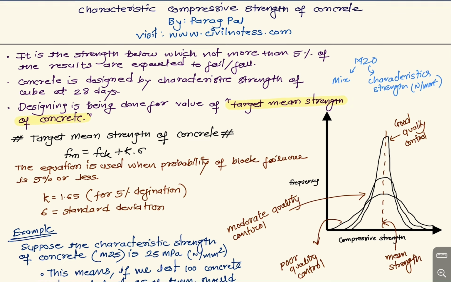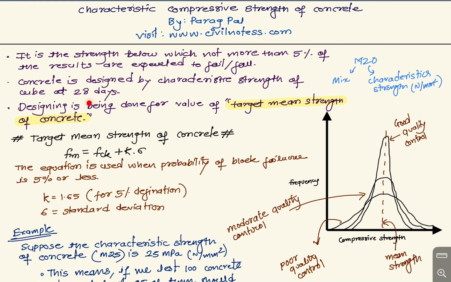Compressive strength of concrete is a strength below which not more than 5% of the results are expected to fail. Again, there is one more concept. The concrete is designed by characteristic strength, which is this 20, of a cube at 28 days.